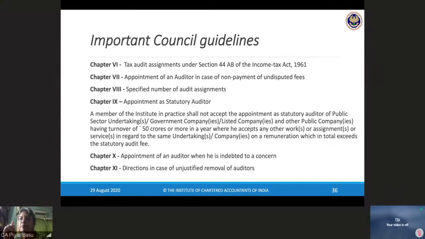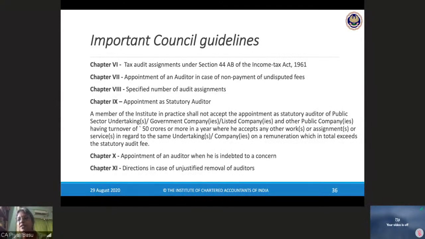Maximum 60 for a particular member in practice, not by the firm. Please remember that. And one has to record. We have to keep the record of the number of audits that have been taken up by the firm.